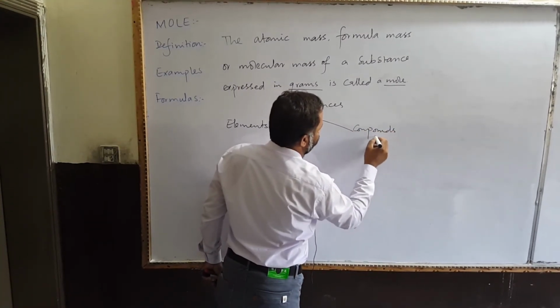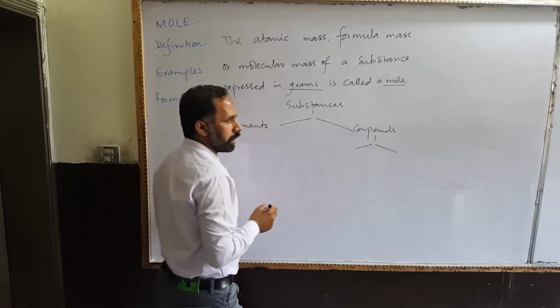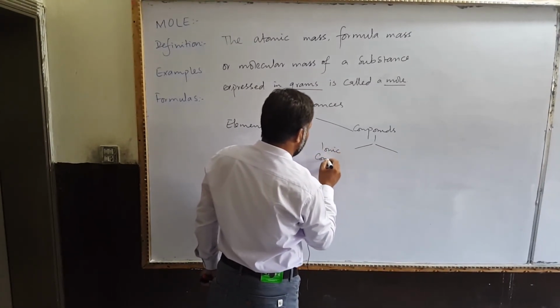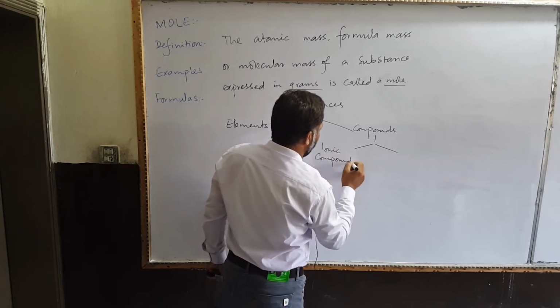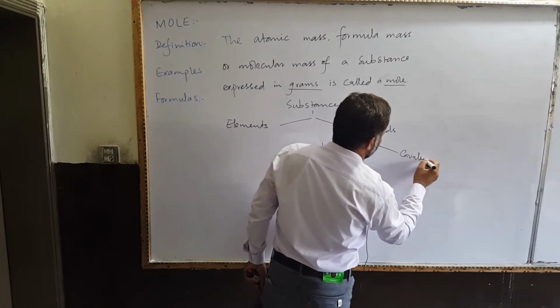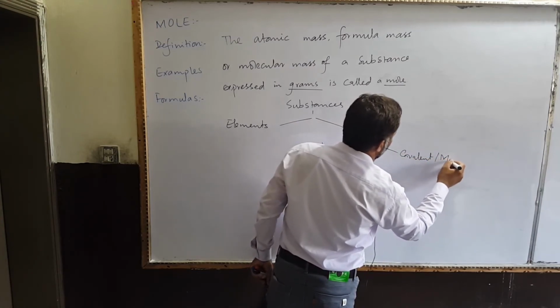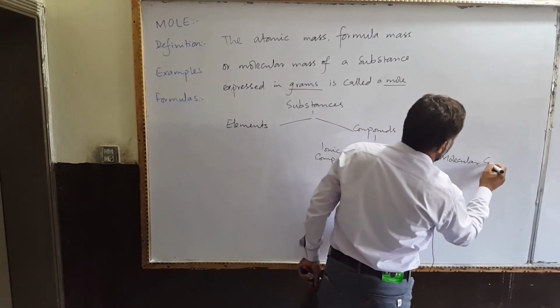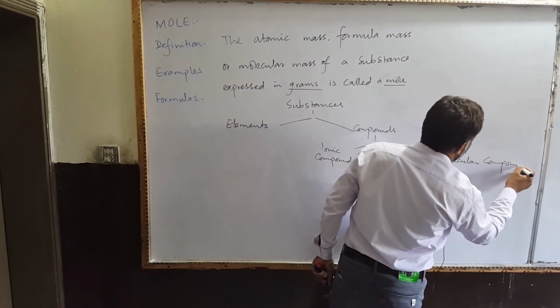These compounds are further classified into two main classes. The first are called ionic compounds, which have ionic bonds in them, and the second are covalent or molecular compounds, which have covalent bonds in them.